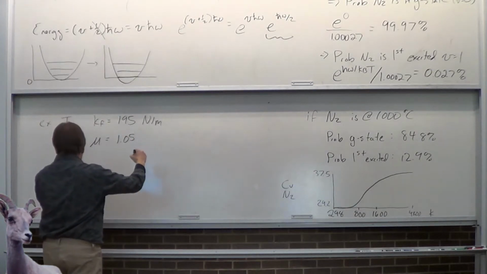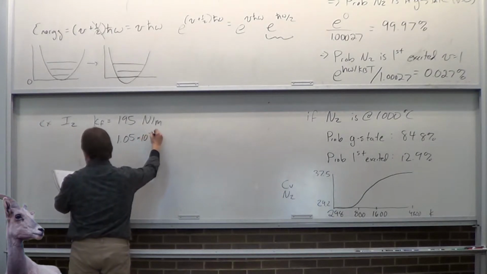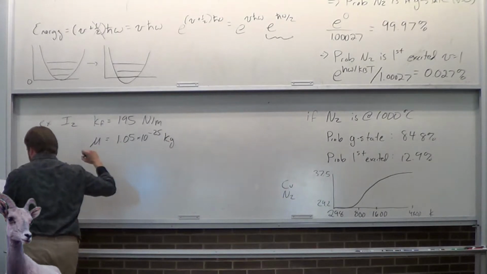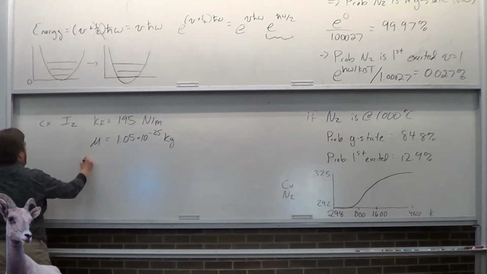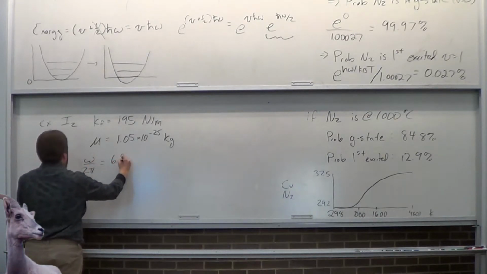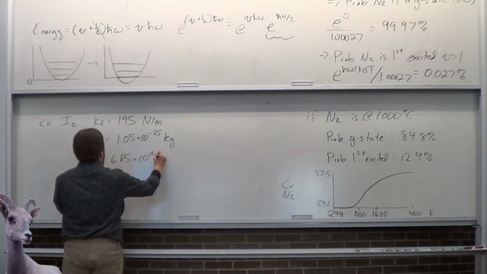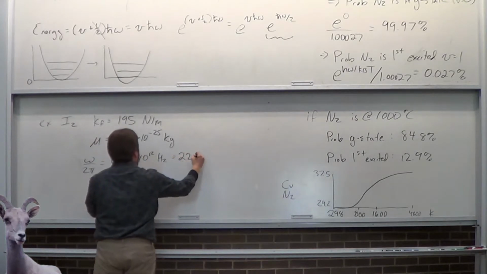I hope I wrote this down correctly. I was getting these confused between N2 and I2 because I have them both right in front of me. The angular frequency is, I'll change the video if I screw it up. I don't know what I just wrote. This is 228.